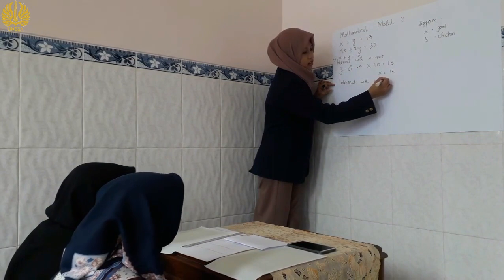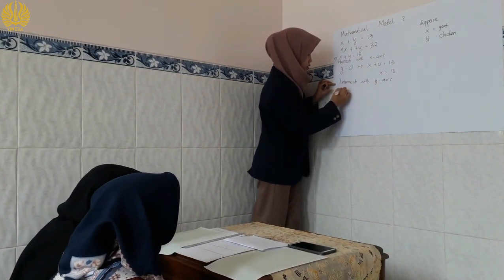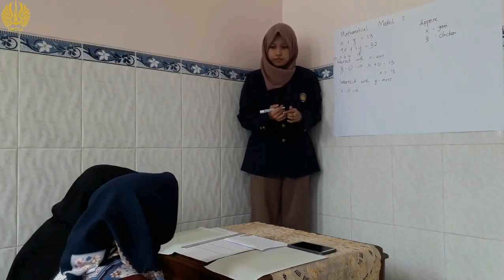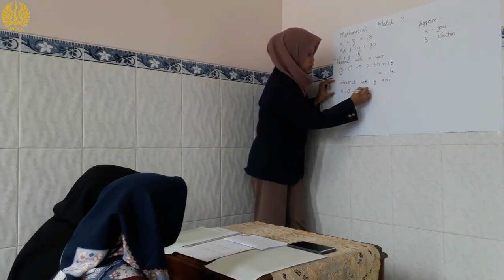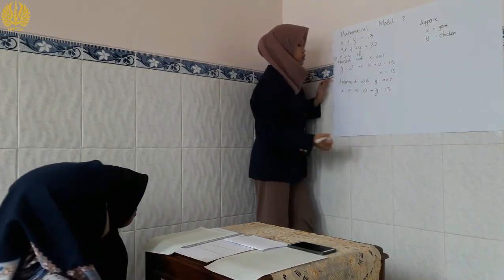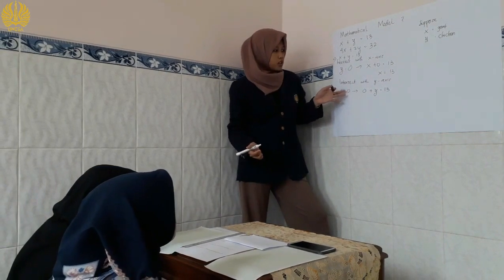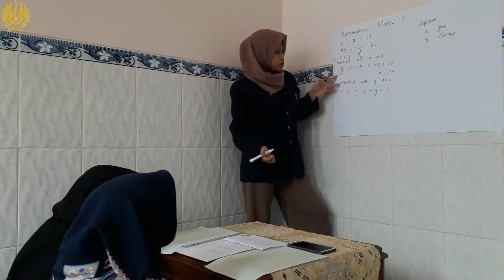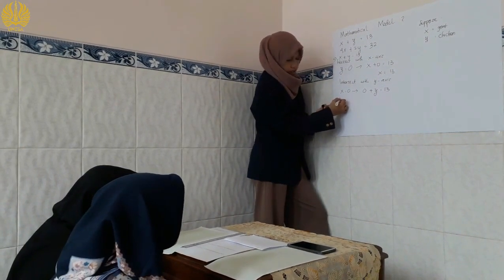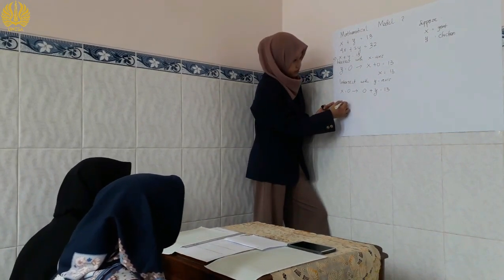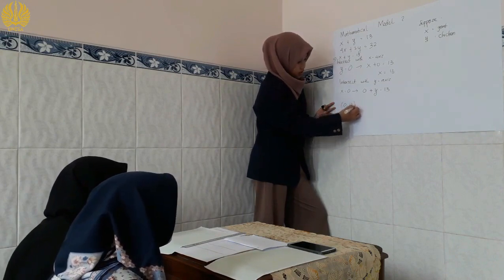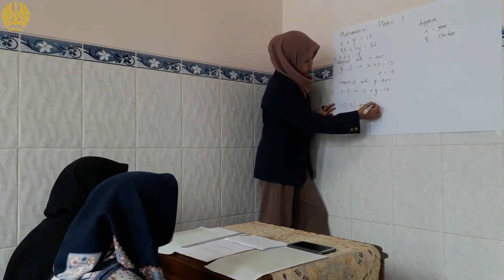What do you get? x is equal to 0, then 0 plus y is equal to 13. So from these two intersections, we have 2 points, right? What are they? 0 comma 13 and 13 comma 0.